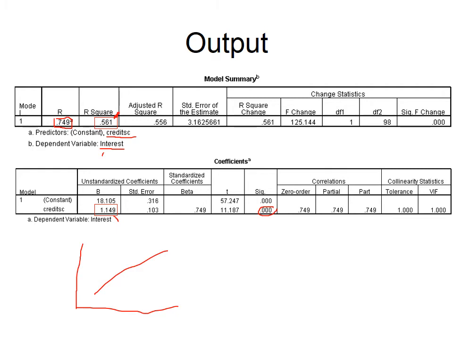Our R-square, which is simply the R value squared, which tells us how good a predictor we have, is 0.561. To put that another way, we're explaining 56% of the variability in interest by the number of credits. So R-square, again, is how much we explain in Y given our X variables.